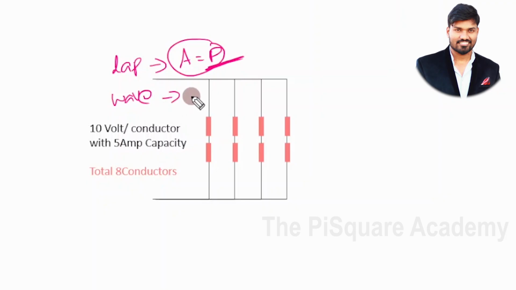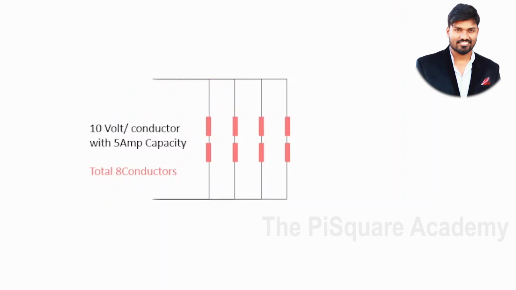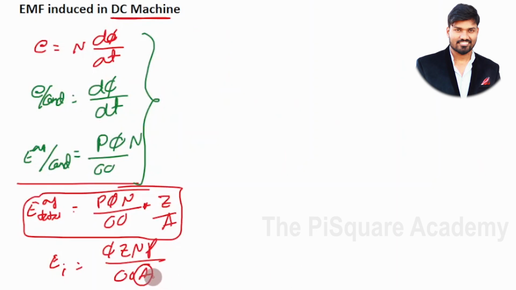In case of wave winding, the number of parallel paths you always get is 2. That's a winding procedure. So you just put the same thing here. If lap winding is there, A and P get cancelled. If wave winding is there, here you will get 2.